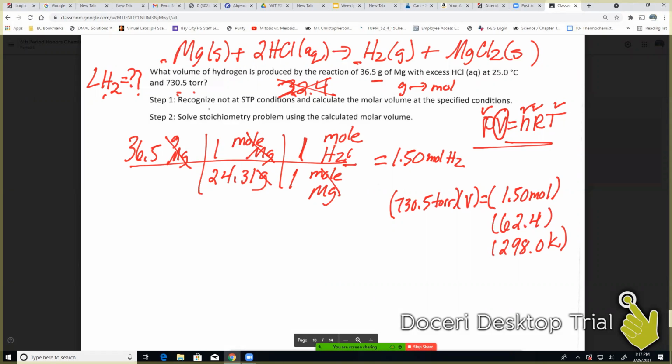All right, so we're solving for V. So you're going to multiply these three and then divide by your 730.5.